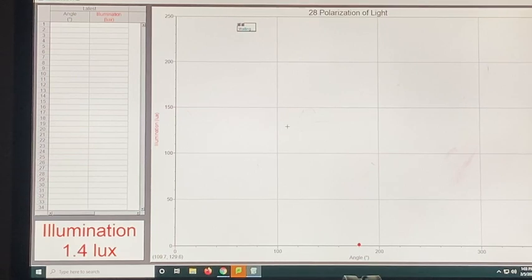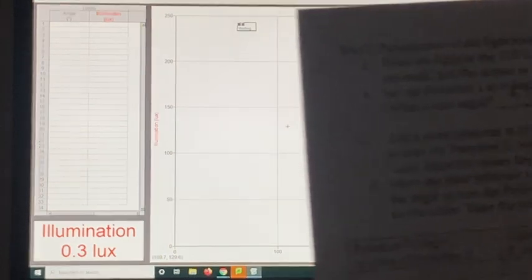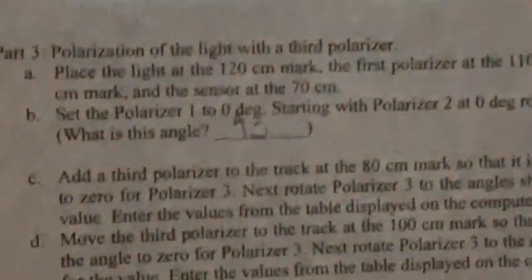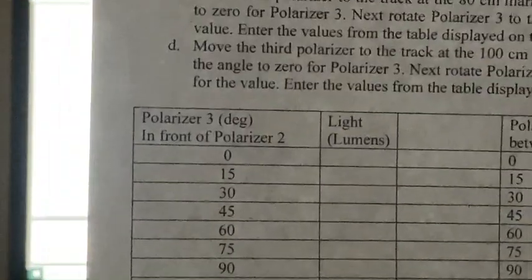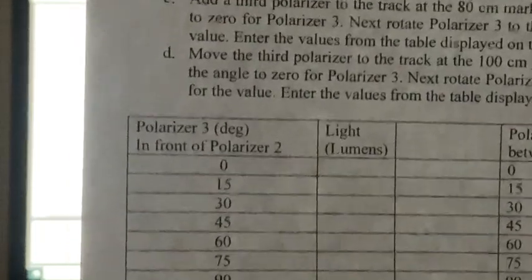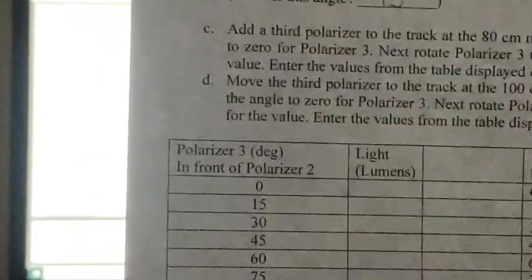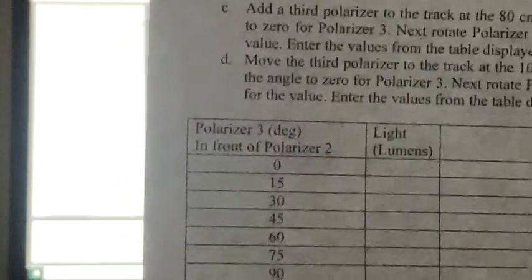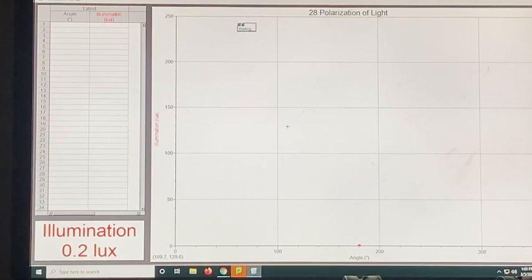First, I'm going to put the third one in front of the other two, meaning between the light source, the sensor, and the other two, as I explained.